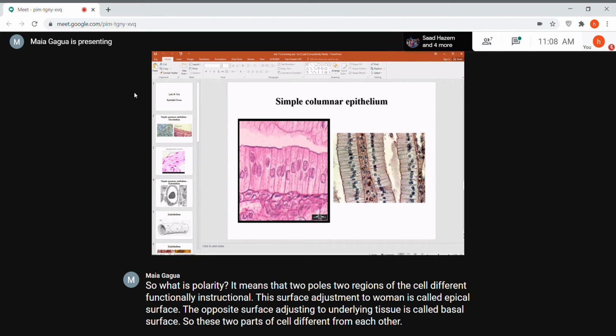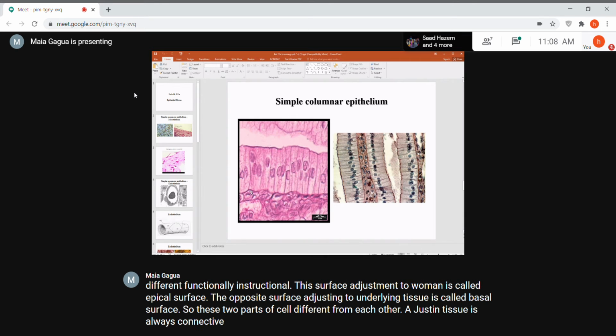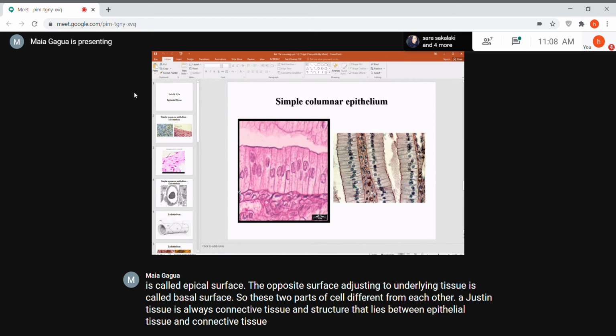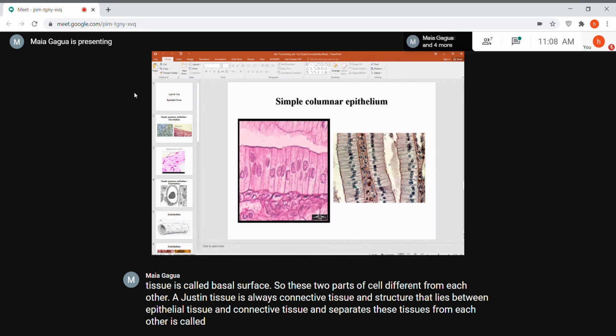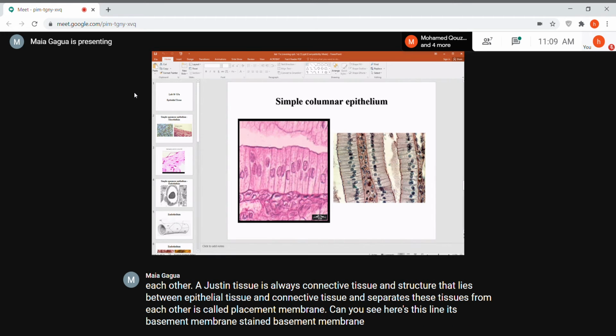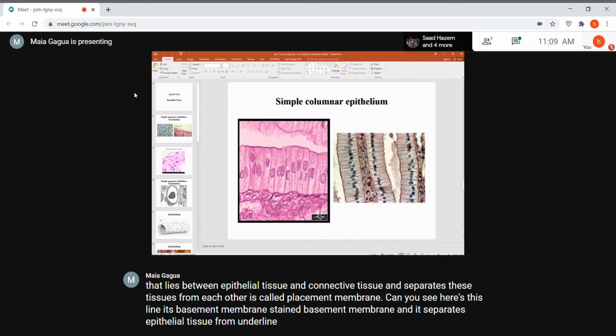Adjacent tissue is always connective tissue. And the structure that lies between epithelial tissue and connective tissue and separates these tissues from each other is called basement membrane. Can you see here this line? It's stained basement membrane, and it separates epithelial tissue from underlying connective tissue.